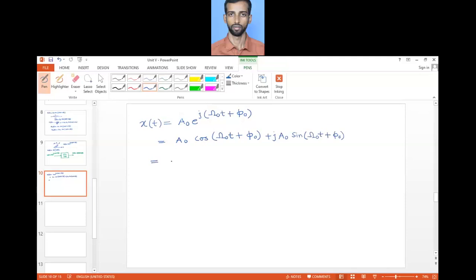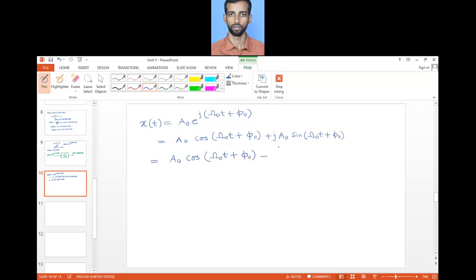So this can further be represented in this particular form. Remember that we are going to apply this signal x of t at the input of an LTI system, which possesses three important properties: additivity, homogeneity, together linearity, and the time invariance property. So what we get is A naught cos(omega naught t plus phi naught) plus j A naught sin(omega naught t plus phi naught).